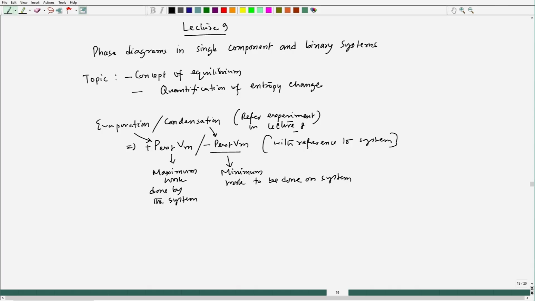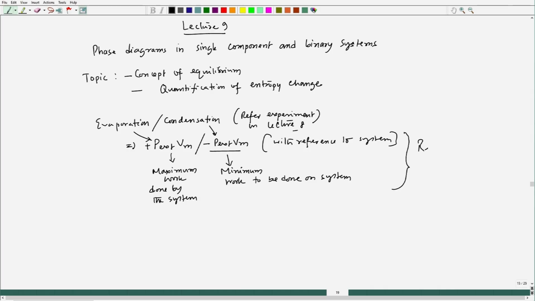And this happens in case of the reversible cyclic process. The system comes back to its original state due to the cyclic process.